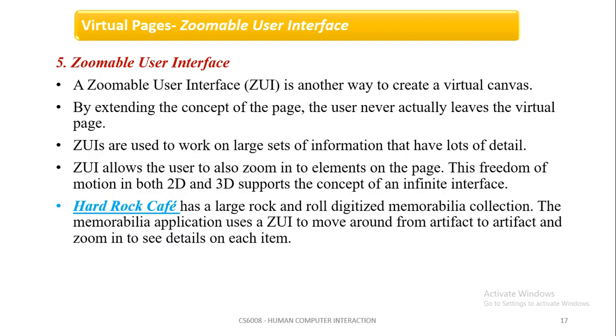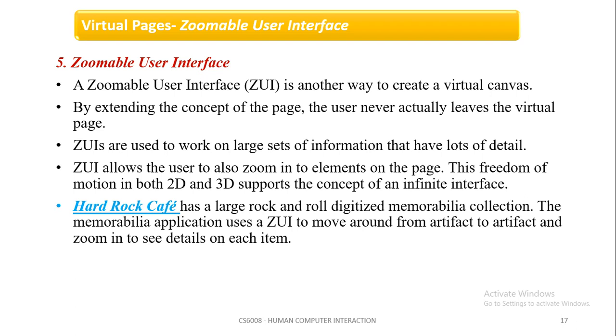The fifth pattern is the zoomable user interface, and it is another way to create a visual canvas. It extends the concept of a page, allows the user to stay in the page, and works with a large set of information that has a lot of details. It also allows the user to zoom into the elements of the page and to roam in both 2D as well as 3D.